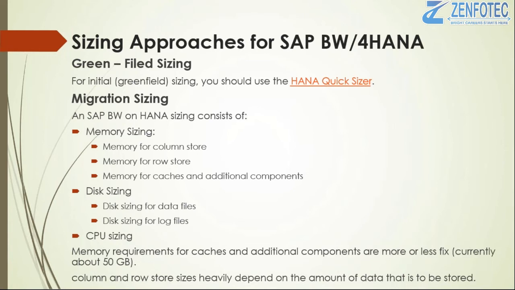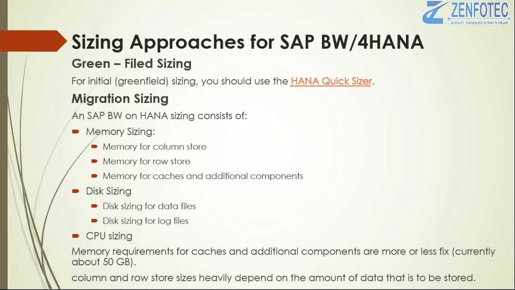In that case, all your row store tables will be available on your master node, and the column store tables will be available on your slave nodes. The slave nodes always handle the column store tables, so the reading and query performance is very good in the distributed environment for BW systems, whereas the row store is always stored on your master node.